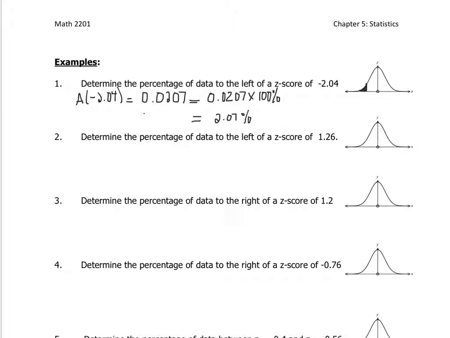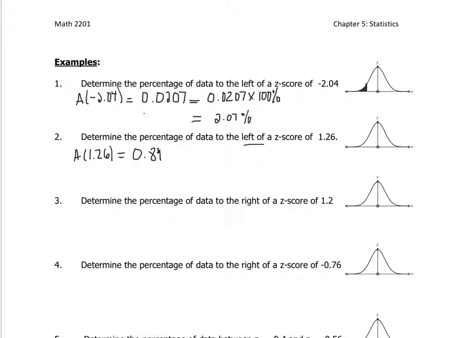Question number 2 says determine the percentage of data to the left of a z-score of 1.26. Using the positive z-score table, go to 1.2 in the very first column, then go across the row until you get to 0.06, and that should give a value of 0.8962.